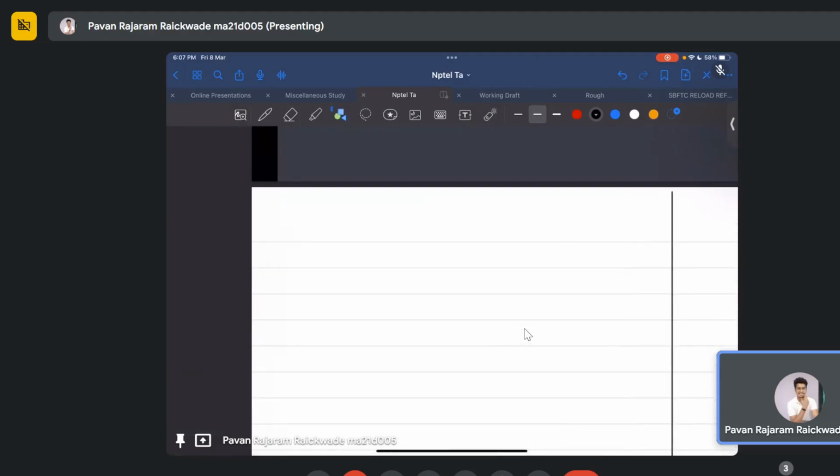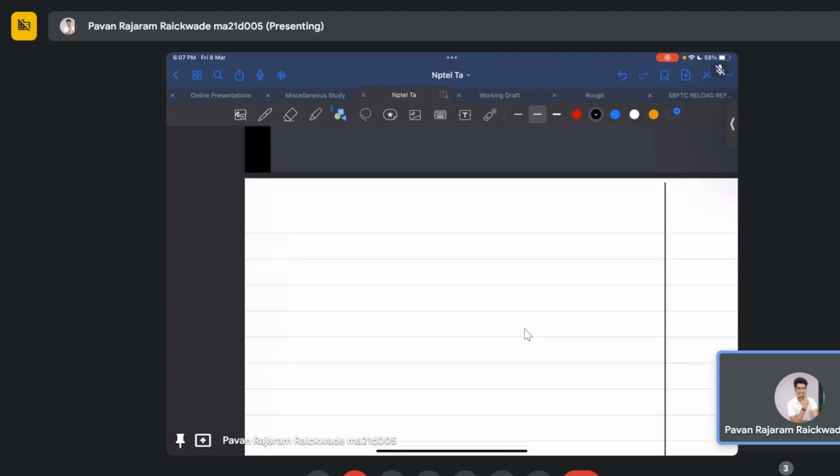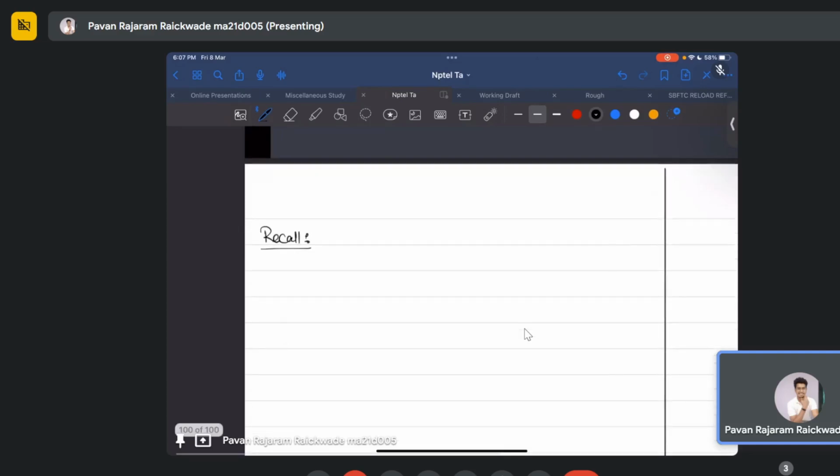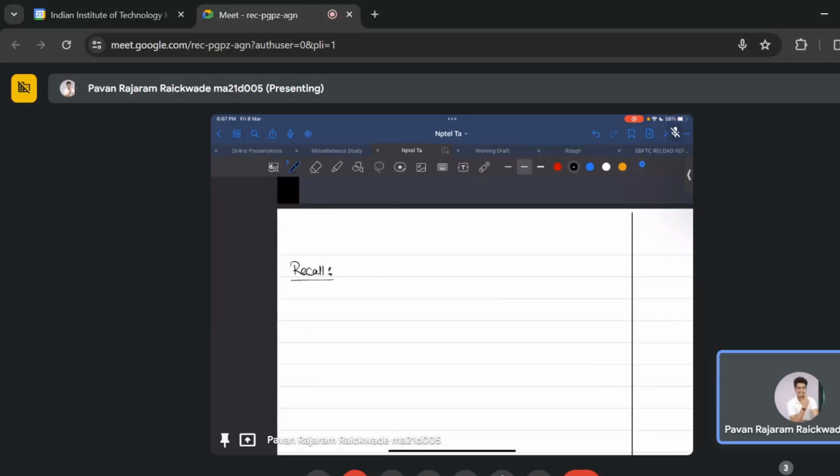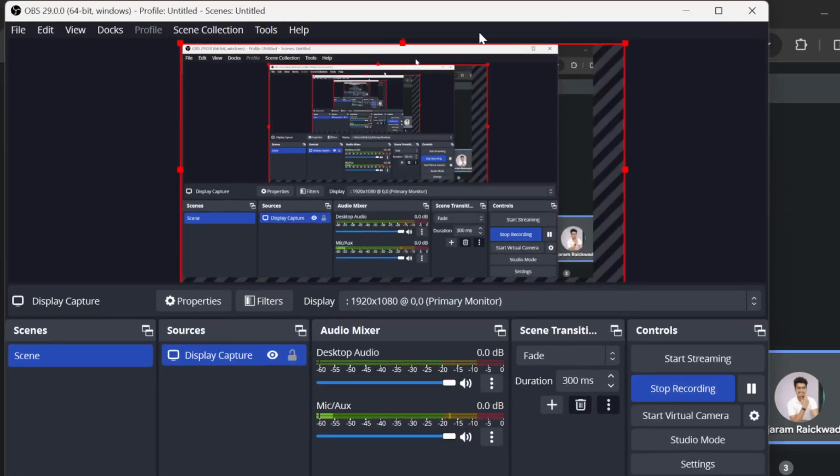Okay, so let's recall. In the last session, we had seen what a Euclidean domain and what a principal ideal domain is.